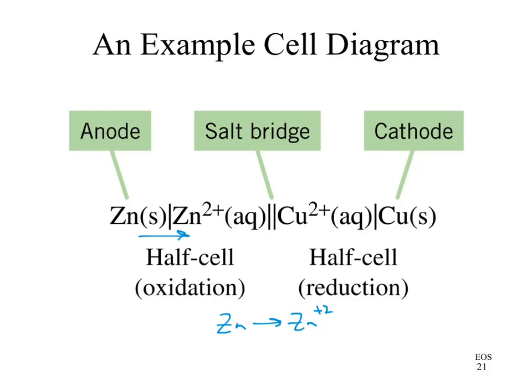If we look at what's happening in our cathode compartment, we're going from copper ion to copper metal. You'll notice it runs left to right all the way through it. So we try and set up a formatting that allows us to be consistent so that when we see this notation, we know exactly what they're referring to and how each piece is coming together.